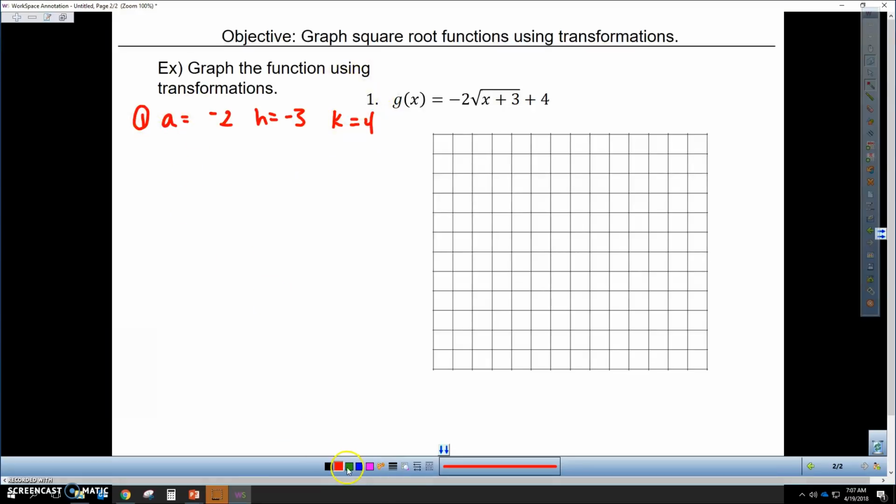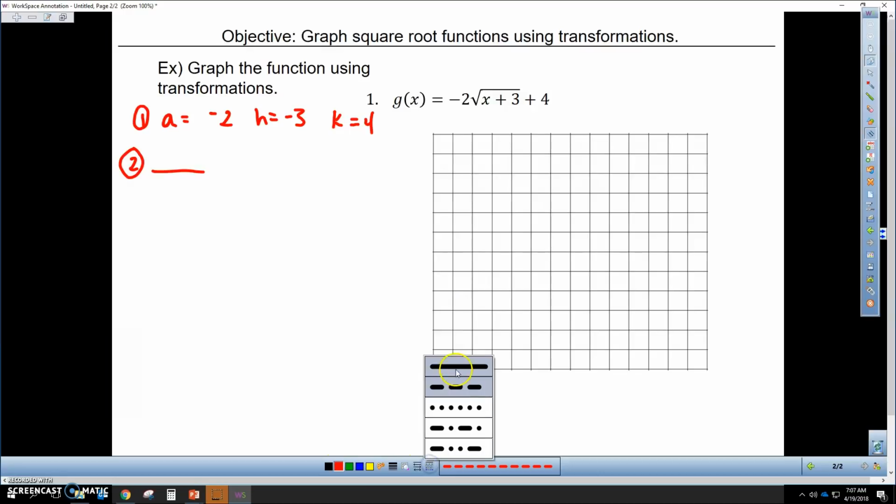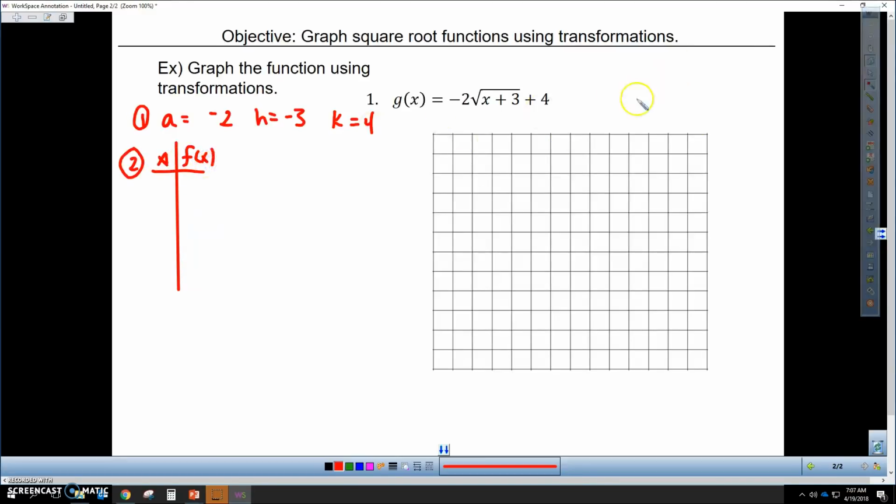So there's step 1. Step 2, we're going to transform our parent function points. I'm going to make a table of our parent function points. I'll call this x, and I'll call this f of x, where f of x is our parent function, root x.